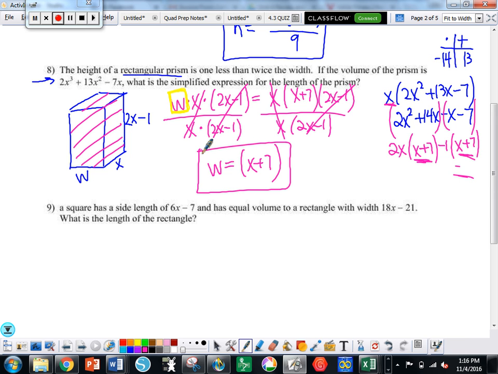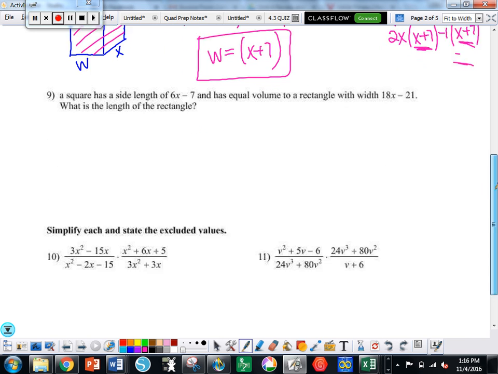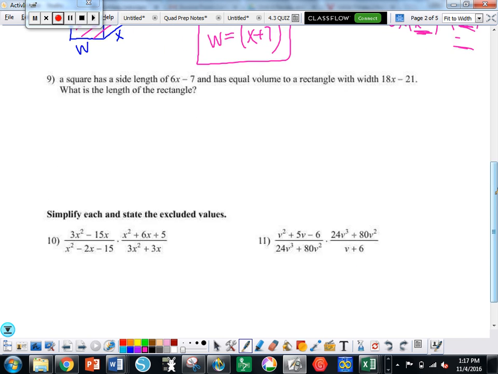All right, number 9. A square has a side length of 6x minus 7. It is a square, so those will be the same. And it is equal in area to a rectangle with a width.